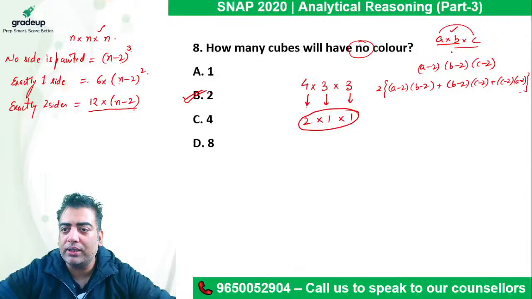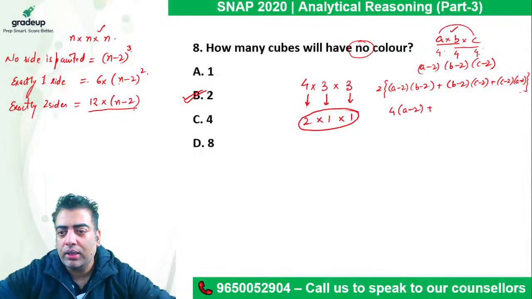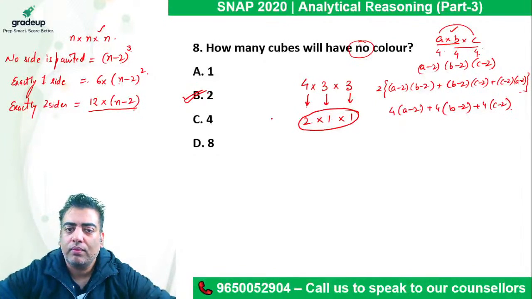Now if the dimensions are a into b into c, there are going to be 4 edges whose length is a, 4 edges whose length is b, and 4 edges whose length is c. So it comes out to be 4 into (a minus 2) plus 4 into (b minus 2) plus 4 into (c minus 2). Right?